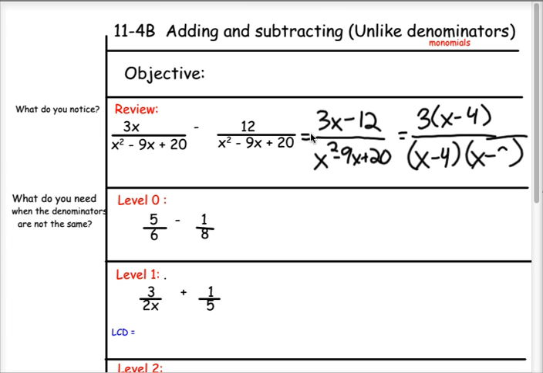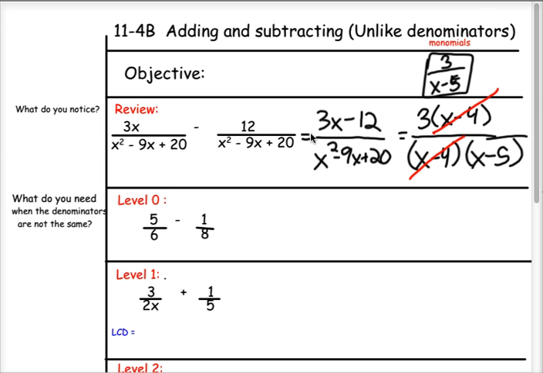That's going to be -4 and -5. So now notice, when you do this, now those x minus 4s can actually cancel off. Now I'm out of space, but what you're left with is 3 over x minus 5.